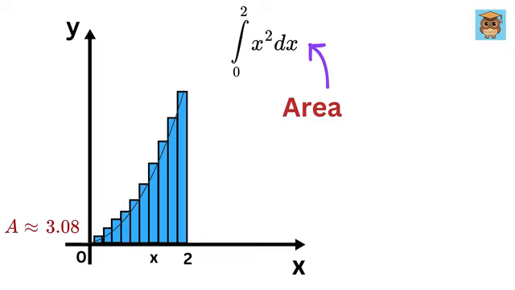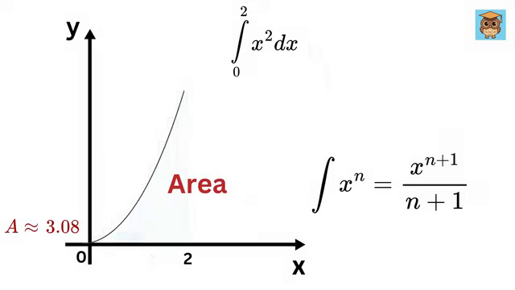And without going into much technical detail, the formula for integration of x to the power of n is given as x raised to n plus 1 divided by n plus 1. Now let us use it to calculate the actual area of the parabola. The integration of x squared dx will be x raised to 2 plus 1 over 2 plus 1, or x cubed over 3.